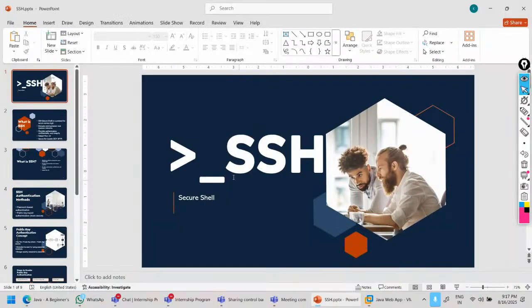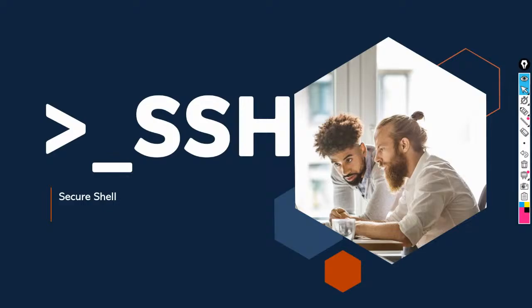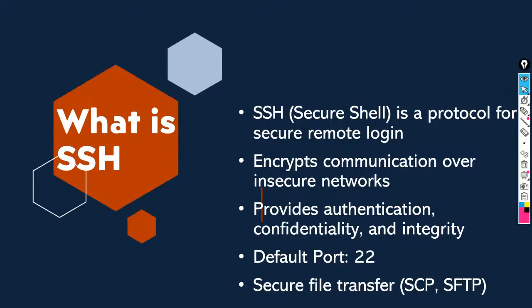So secure shell, let's dig deeper into this. It's a protocol for secure remote login. It encrypts communication over an insecure network. Usually what used to happen is that when I'm communicating from my server, let's say my server is in the US and I want to execute some commands out there, it was difficult to do it in a secure way because anyone listening between me and the server could see it.